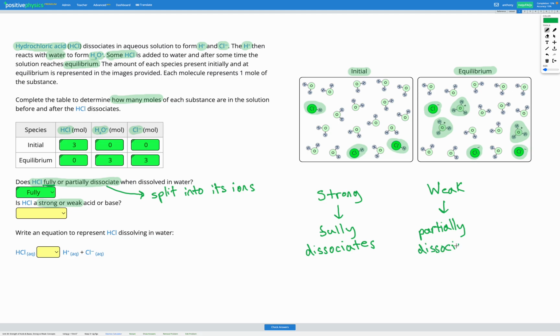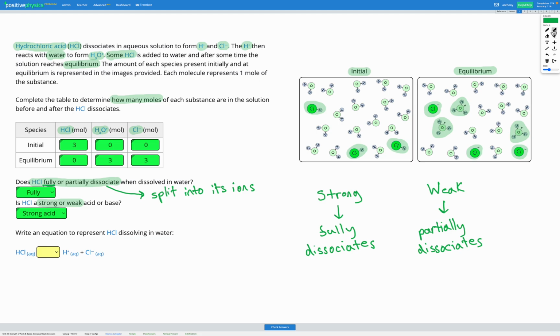In other words, you would have some of the original compound like HCl left at equilibrium. So based on that, since HCl fully dissociates, it must be strong. And is it an acid or a base? Well, since it's giving up H+ ions, it's donating H+, that means it must be an acid. So we have a strong acid here.